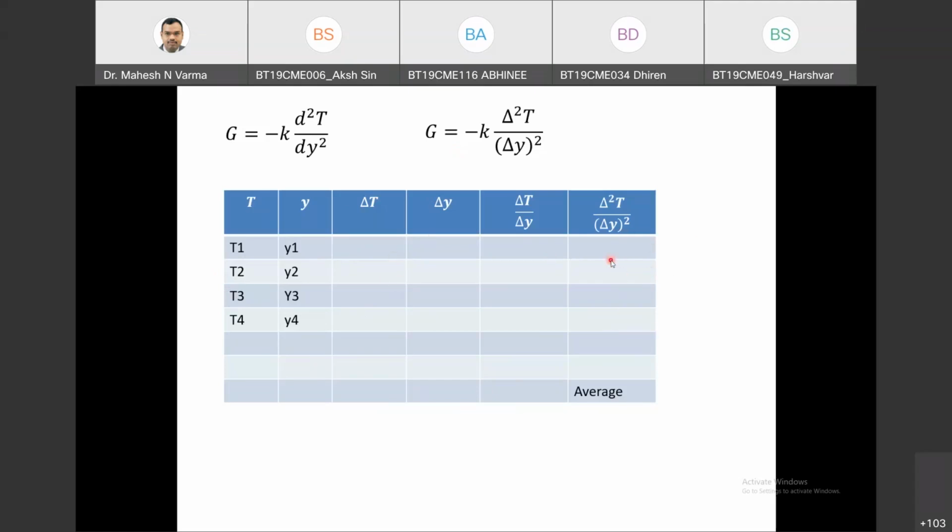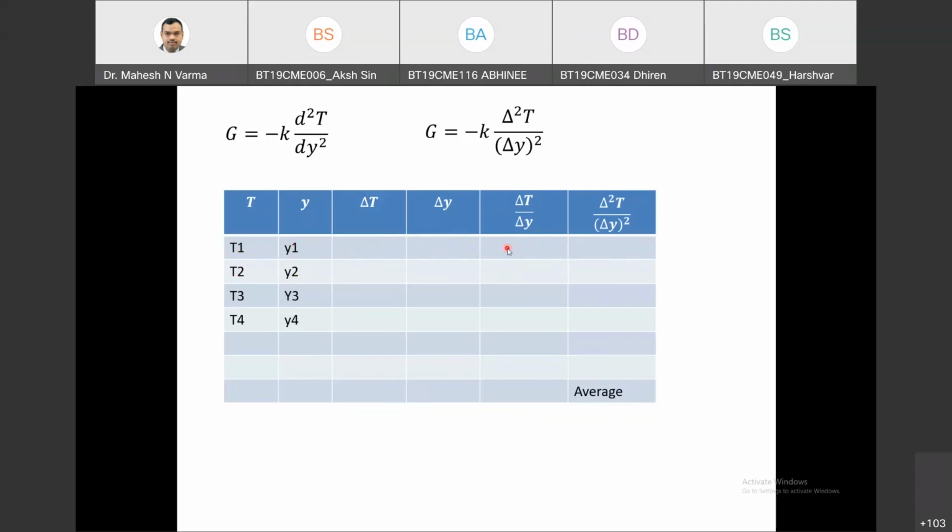Did you get these values? I did not understand how you got delta 2. The last step I am stuck, sir. No, after that. So dT by dy, this will be T2 minus T1 is dT, y2 minus y1 is dy. So dT by dy.